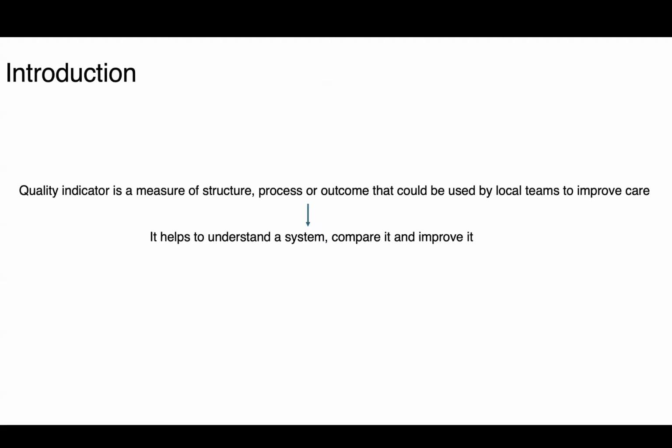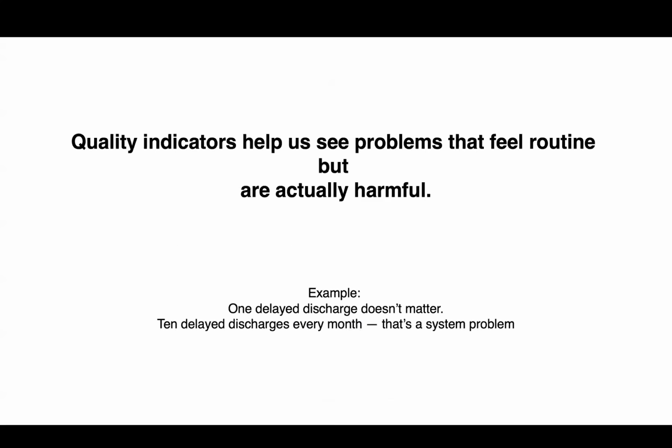The main purpose of it is to help understand a system, compare it, and improve it. Quality indicators help us see problems that feel routine but are actually harmful. Example, one delayed discharge doesn't matter, but 10 delayed discharges every month, that is a system problem.